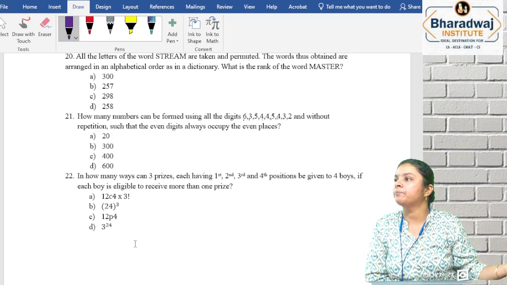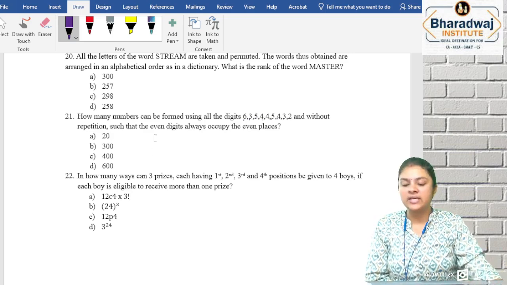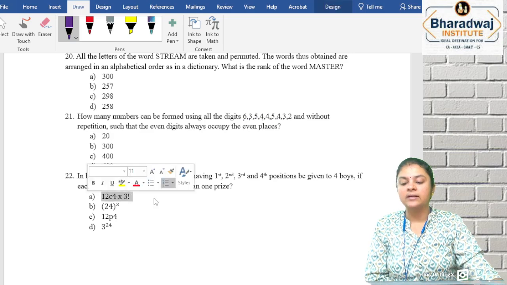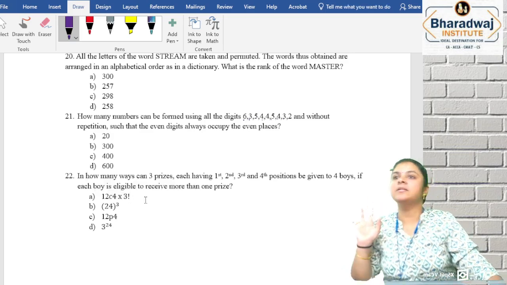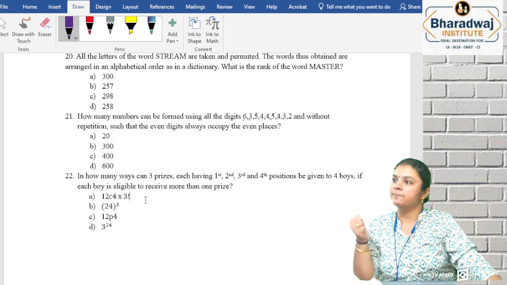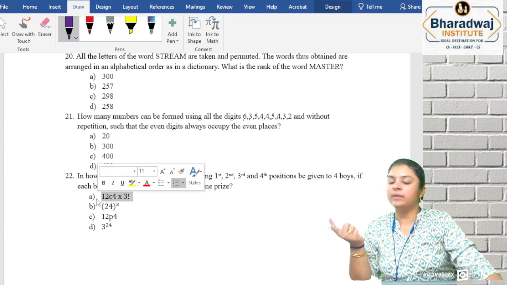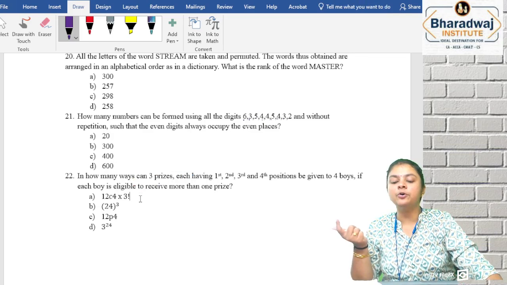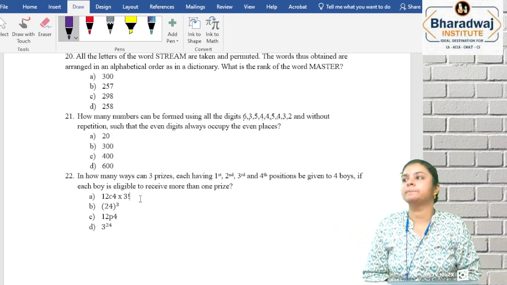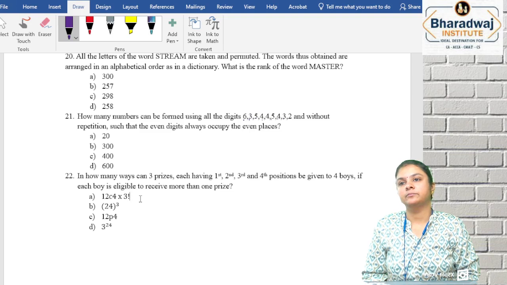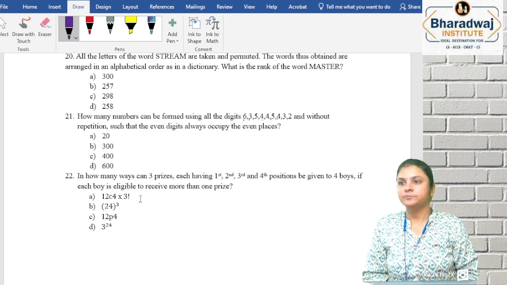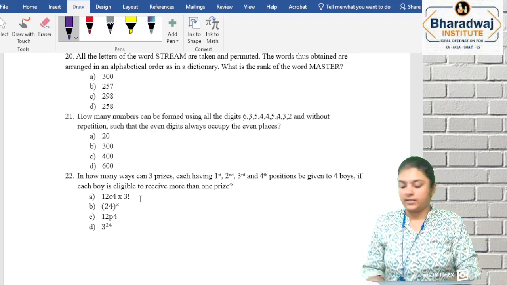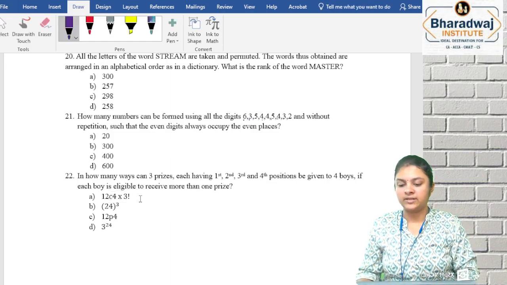In this way you can take your best possible result out of the available options. So in this case, if I assume it as without repetition of positions, then the answer will be 12C4 into 3 factorial. Got it? Right.